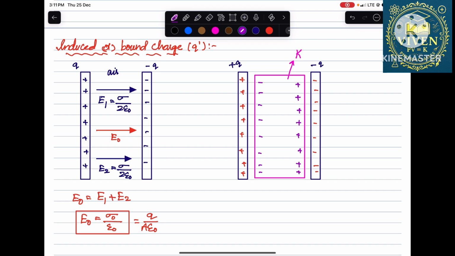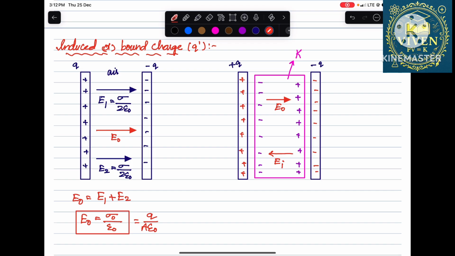If you observe carefully, in which direction will the initial electric field be? From positive to negative, that is E naught. Due to the induced charges in the dielectric, there will be an induced electric field from positive to negative on the left side, against the direction of E naught.